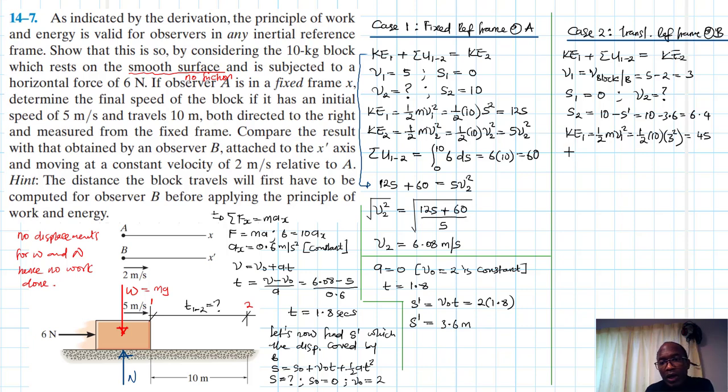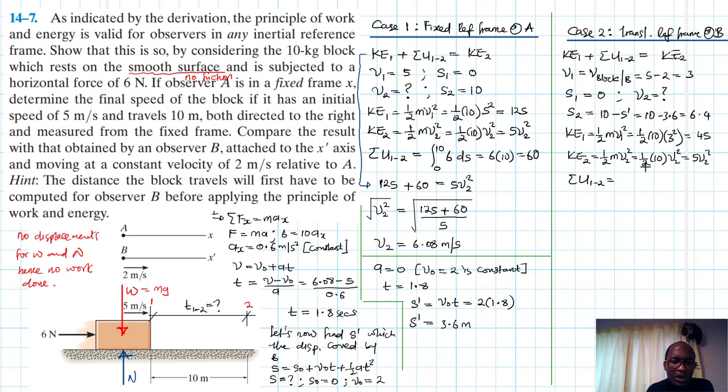And then we have KE2, this is equal to half m v2 squared. This is half 10 times v2 squared, and this is just equal to 5 v2 squared. Then we have the summation of the total work from point 1 to point 2.